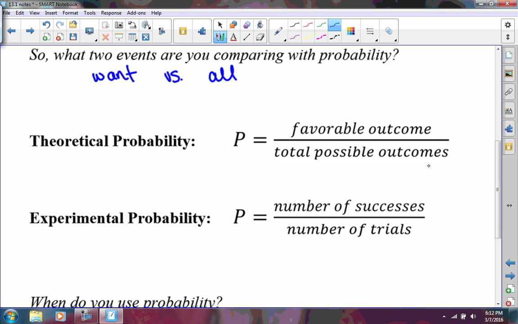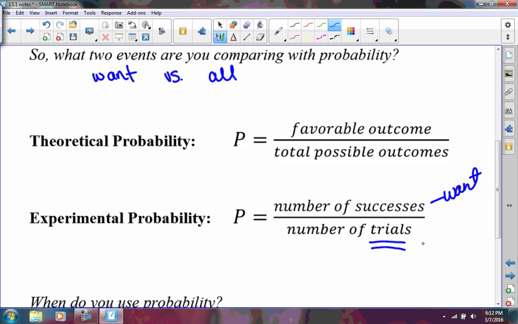And there's a slight difference between theoretical probability and experimental. Experimental is the number of successes, and that's still what you want. Like if you want to flip a heads, then you would count all of the heads that you got when you were flipping your coins. But it's only out of the number of trials. So it's only out of how many experiments you actually do.